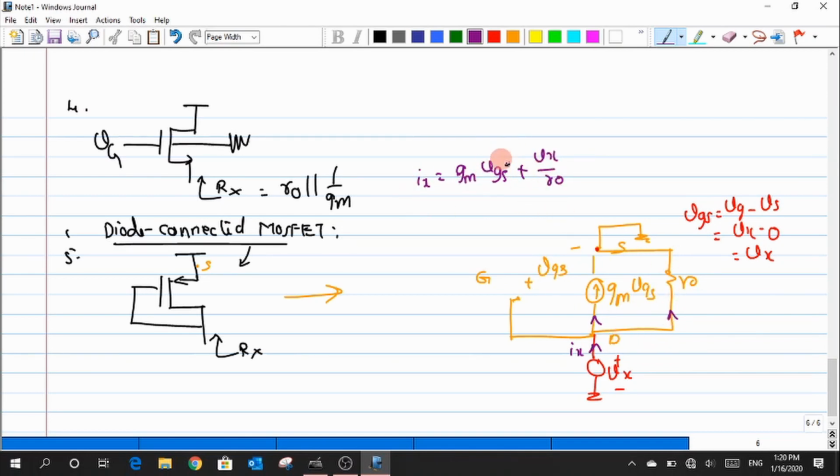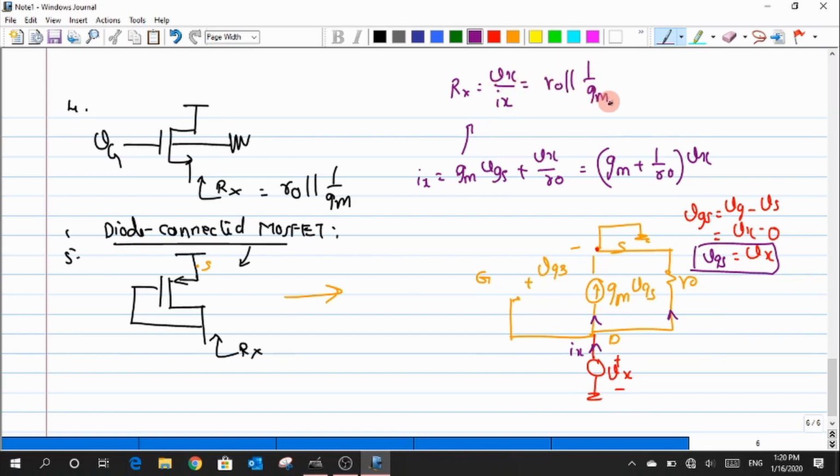I know VGS is nothing but Vx, so I substitute that over here. It becomes 1 by R naught times Vx. From here the value of Rx is Vx by Ix, and that is the same as before. We'll move on to the next one.